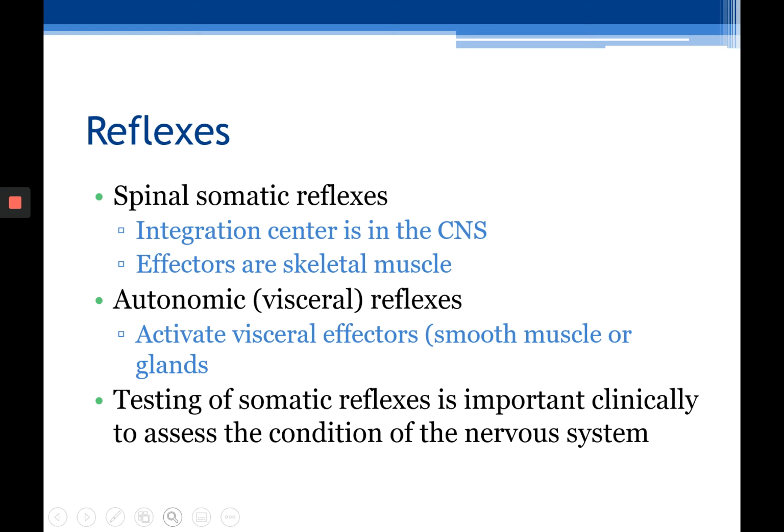Again, autonomic visceral reflexes going to a lot of things like abdominal organs or just body viscera in general. And we can actually see that we can test, or there's different tests for spinal somatic reflexes and autonomic or visceral reflexes. And testing of somatic reflexes especially is important clinically to assess the condition of the nervous system.